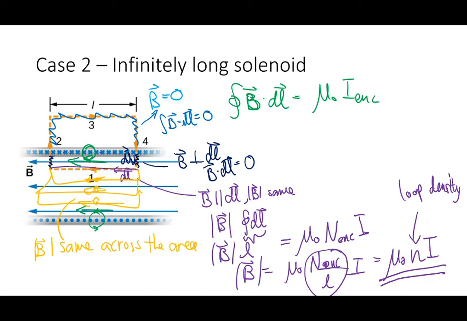So all along and across the area, we expect the magnetic field to have the exact same magnitude. So now we really have a magnetic field that is straight, a magnetic field that is the same along the axis, and also a field that is uniform across the area.